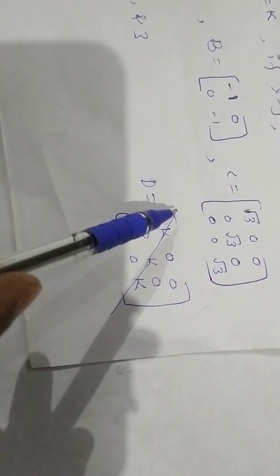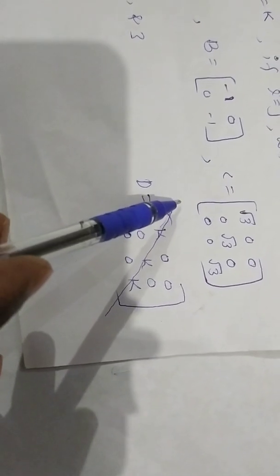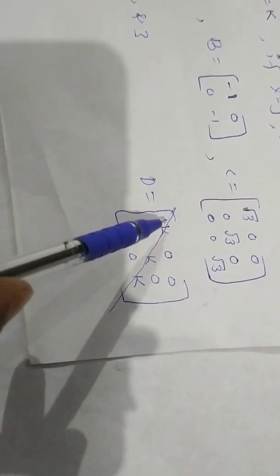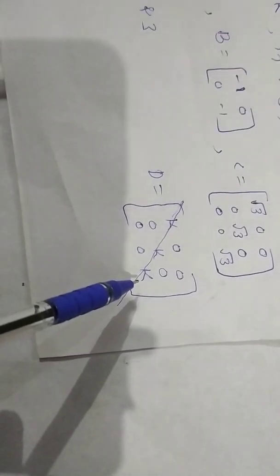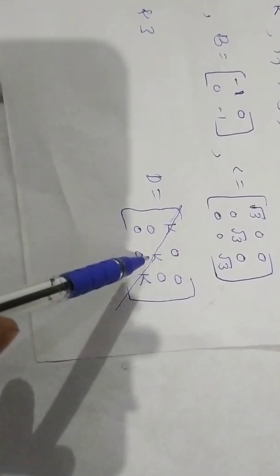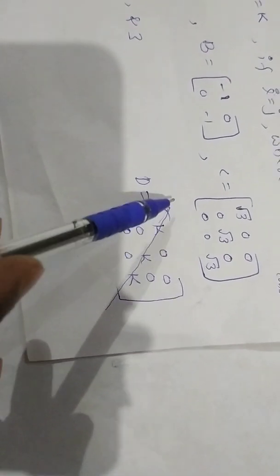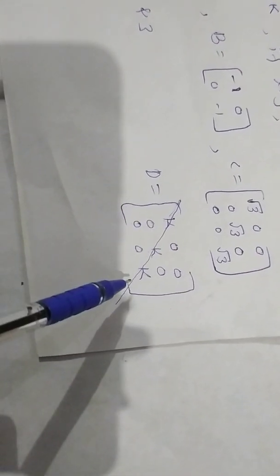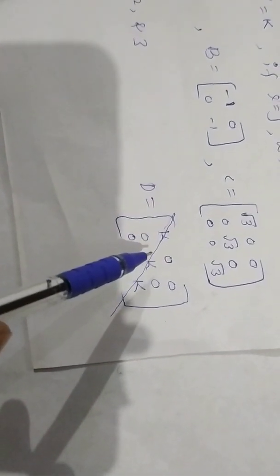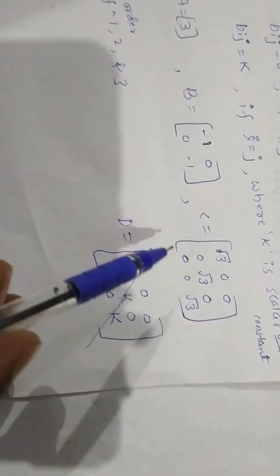But in the scalar matrix, all the elements on the principal diagonal are equal: K, K, K. They are constant. But in a diagonal matrix, the diagonal elements may be different or may be equal. Let us consider another example.